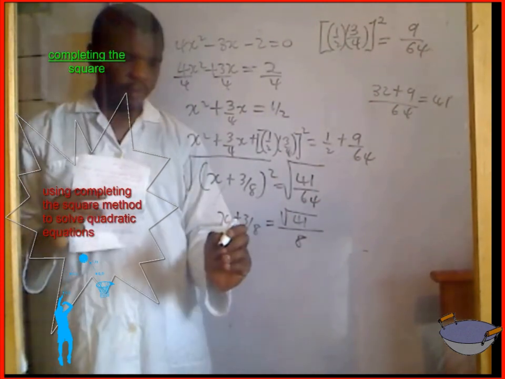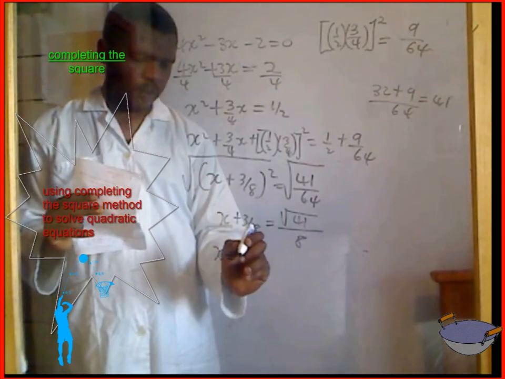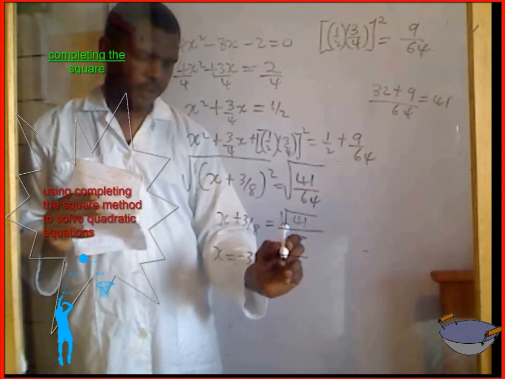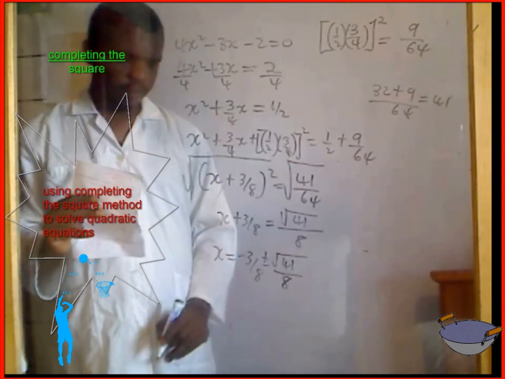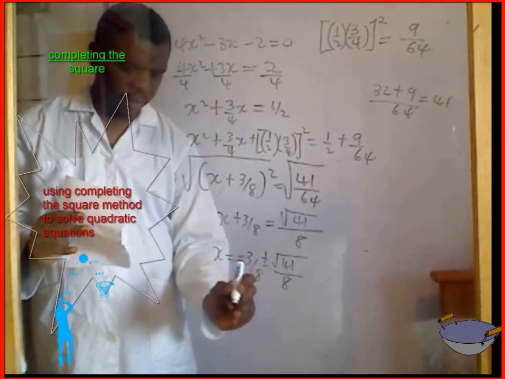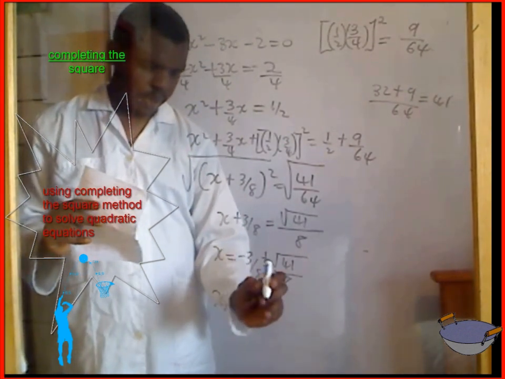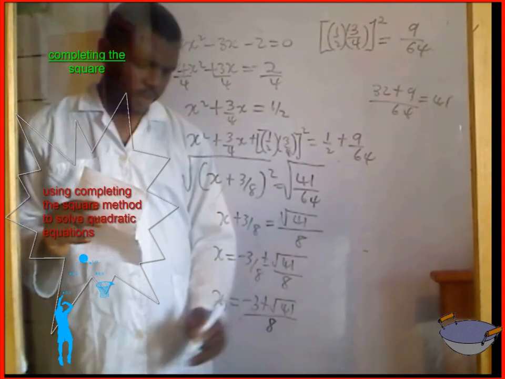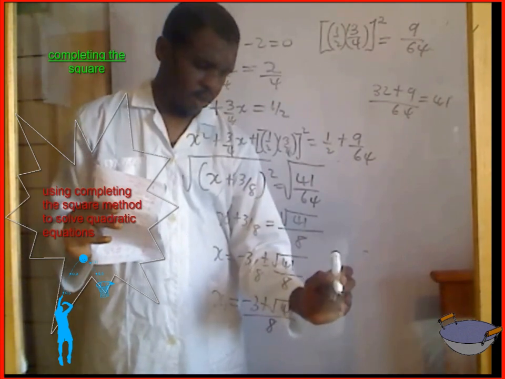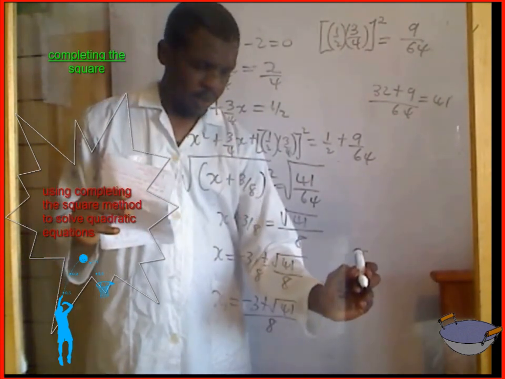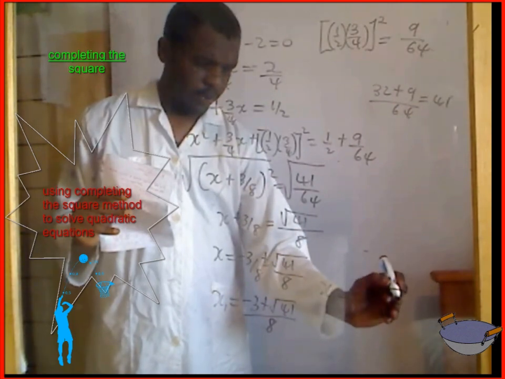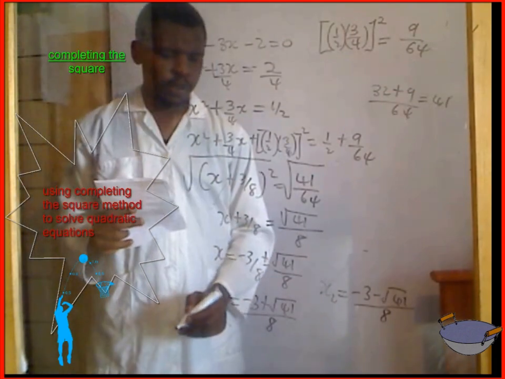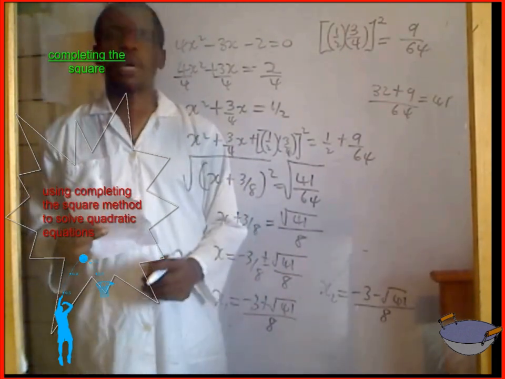So x will be equal to minus 3 all over 8 plus or minus square root of 41 all over 8. So x1 will be minus 3 plus square root of 41 all over 8, or the other x could be minus 3 minus square root of 41 all over 8. We can punch this on the calculator to have actual values.